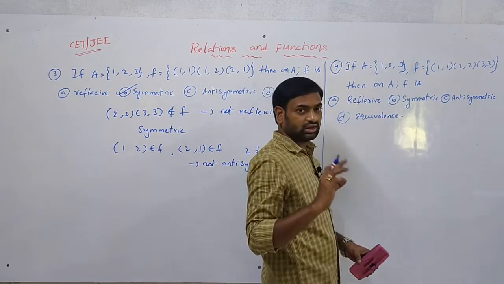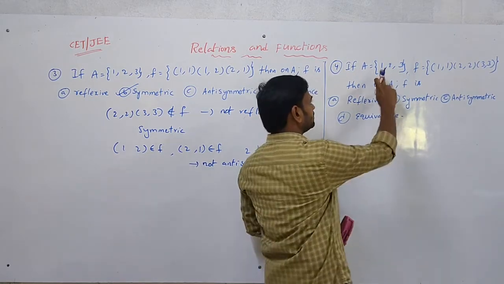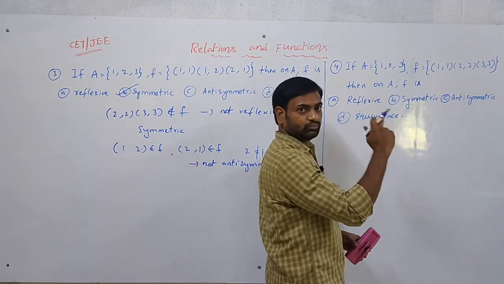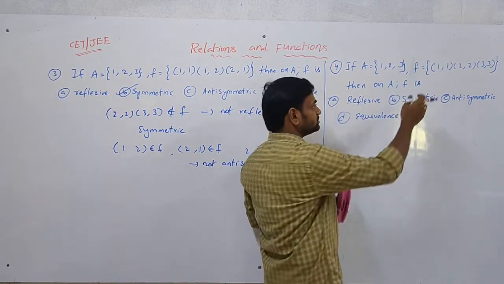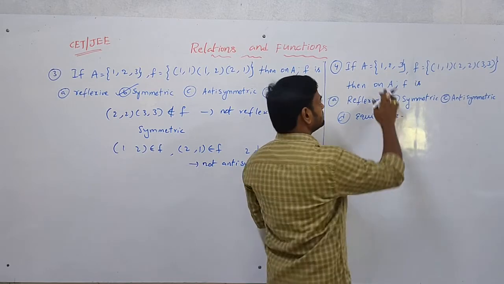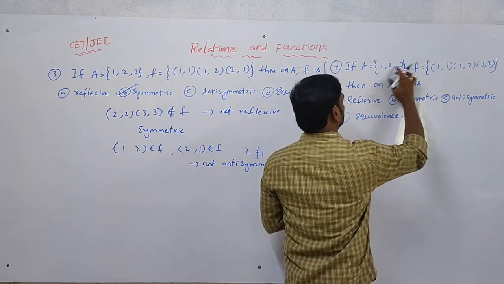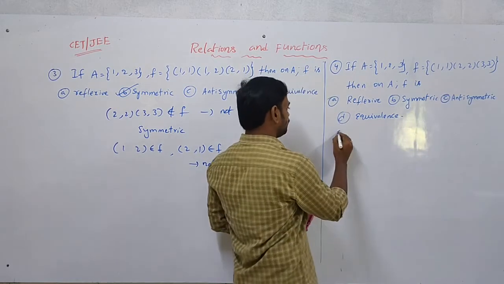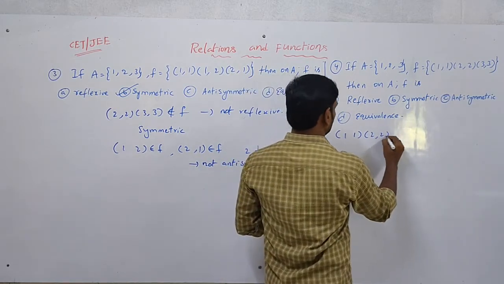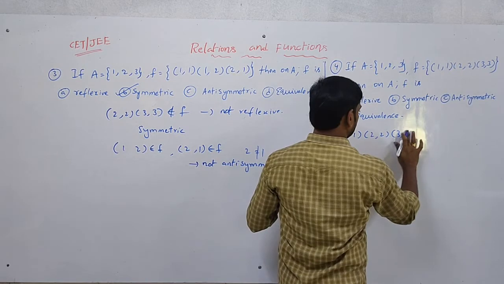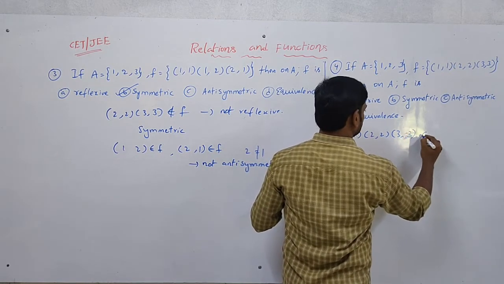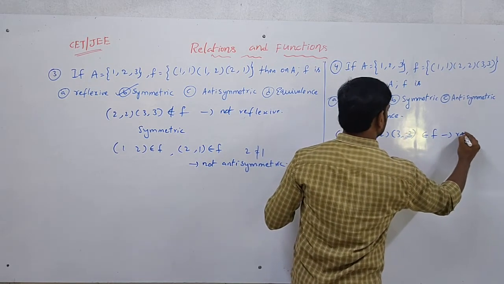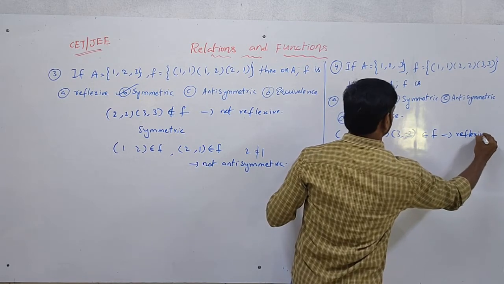Are the ordered pairs (1, 1), (2, 2), (3, 3) in R or not? Yes, they are in R. So it is reflexive.